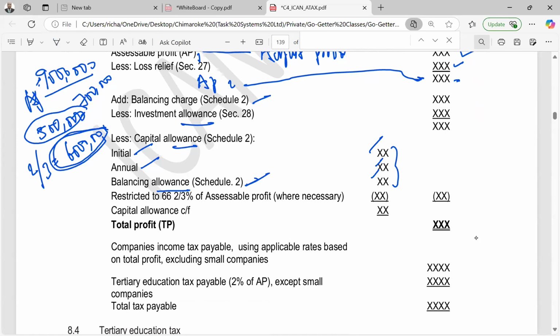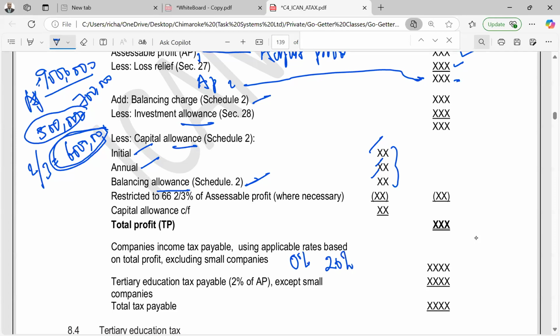We have the income tax, which we said before: 0% for small companies, 20% for medium companies, and 30% for big companies. So that is when you now apply your tax on it.